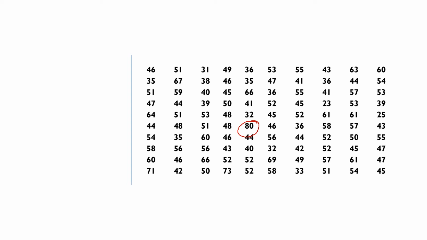There's a 23 somewhere, I forget where. So who weighed 23 kilograms here? We have 80 kilograms, the highest one, minus the lowest one, 23, so we have a range of 57.